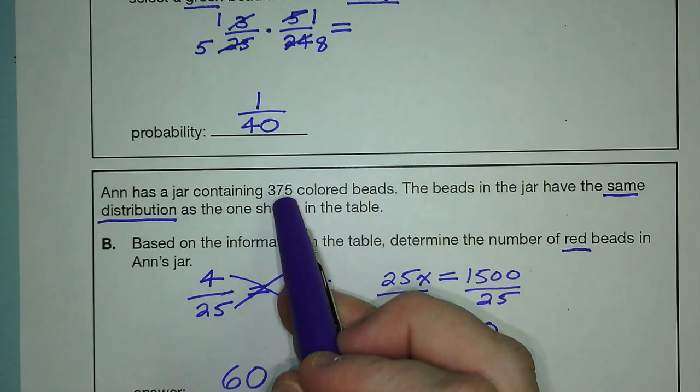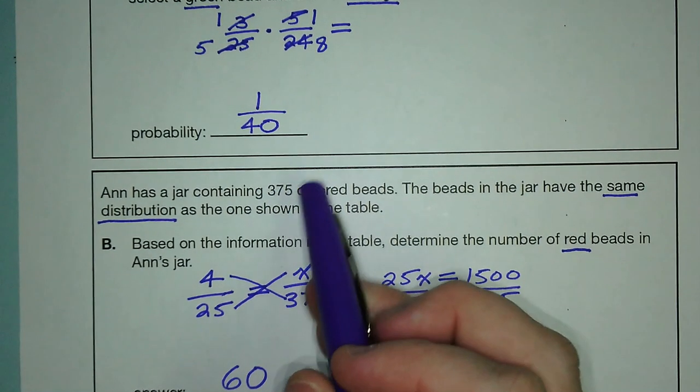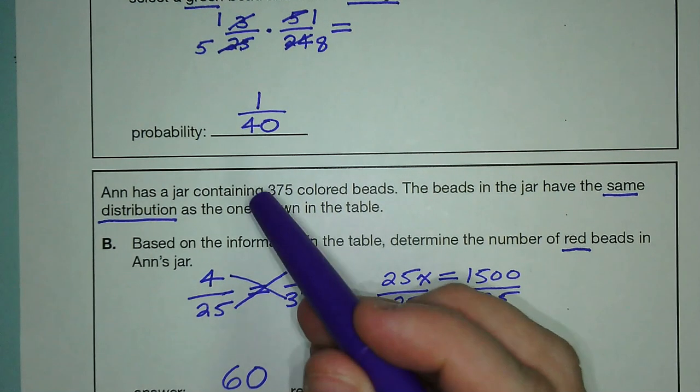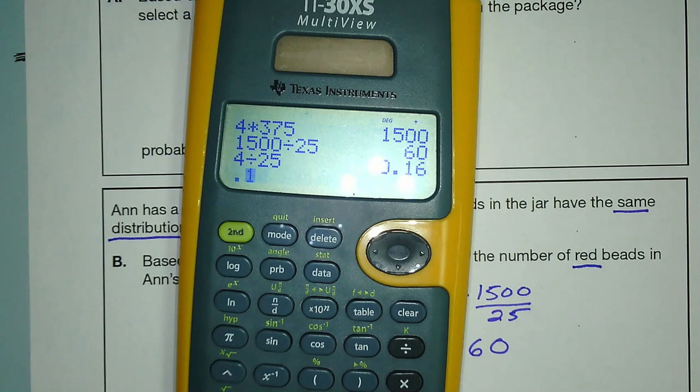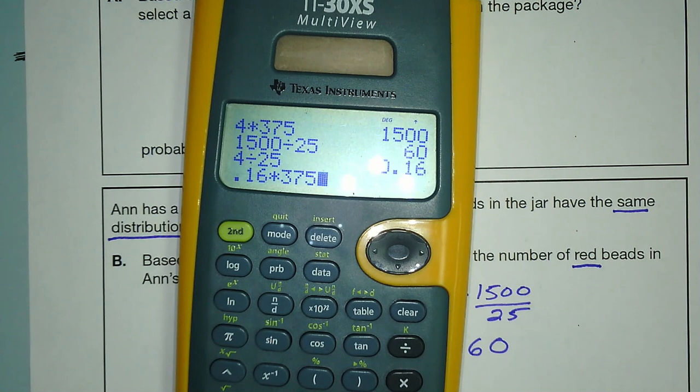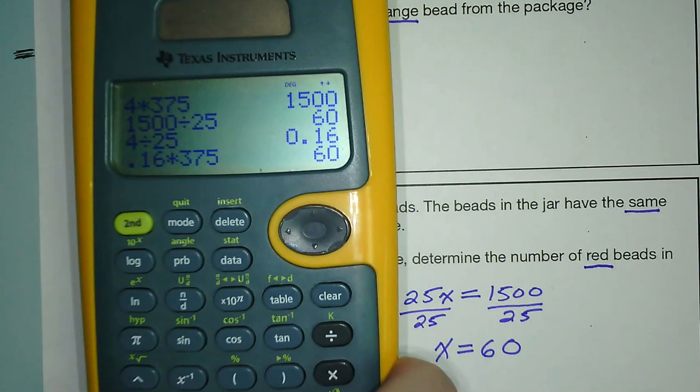Likewise, 16% of the beads in the jar. So then you could do 0.16 times 375. And there's another way, there's your 60.